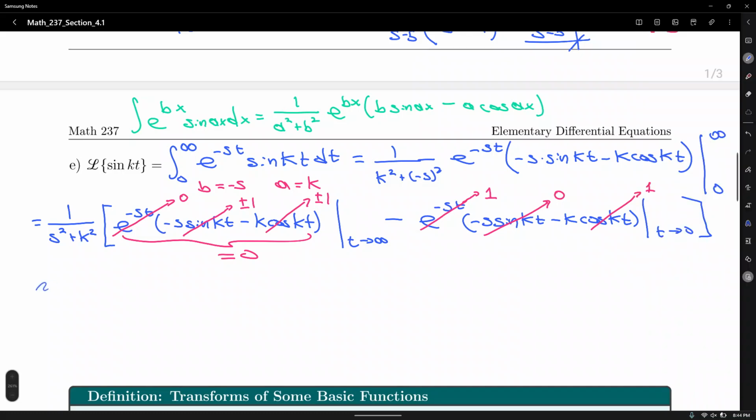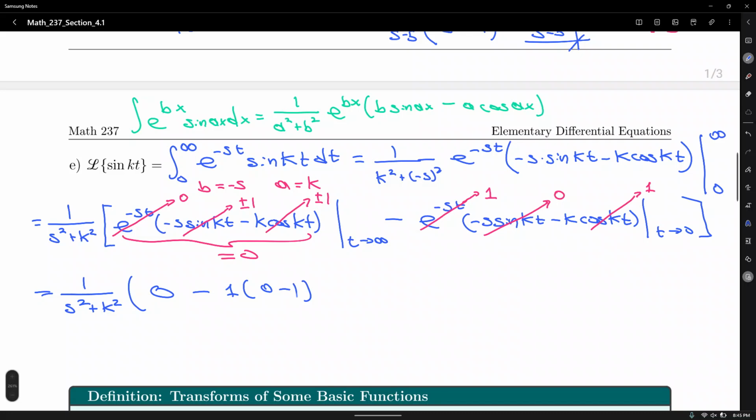So this is going to leave us with the following. That equals 1 over s squared plus k squared times this big 0 minus, not minus 1, minus k.